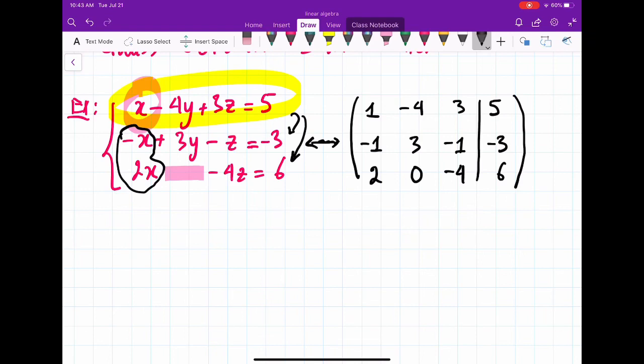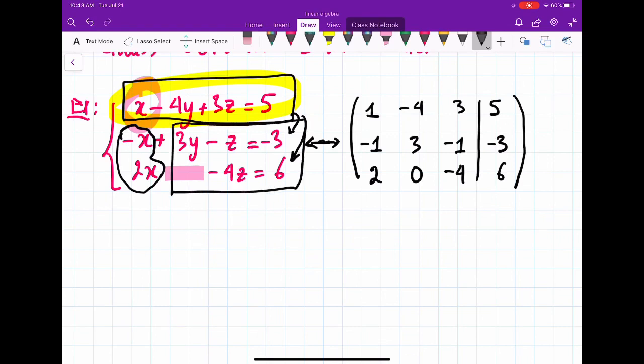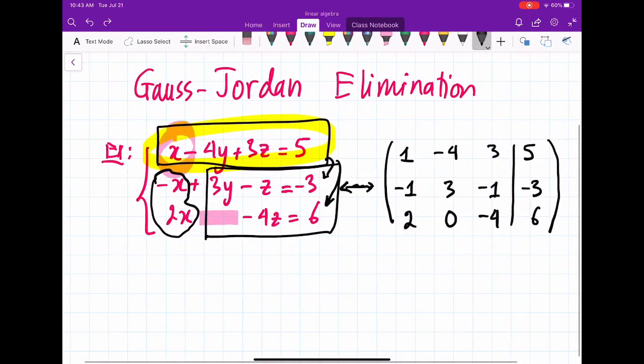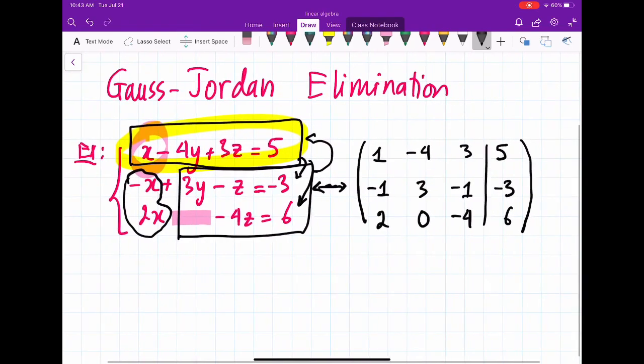And you get some system, again, of three variables. But in the next step, we just forget about the first equation. We need to handle the system in two variables. And then once we solve that system, we substitute that back to the first one, and we can find the x. That is the main idea, okay?